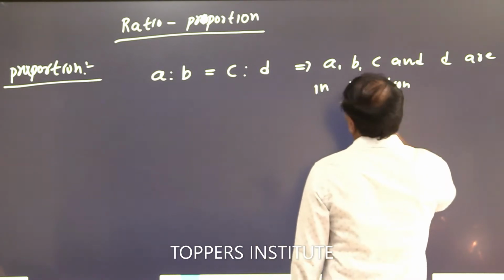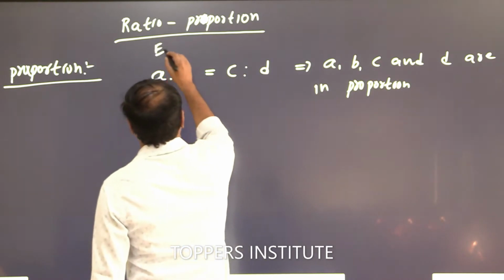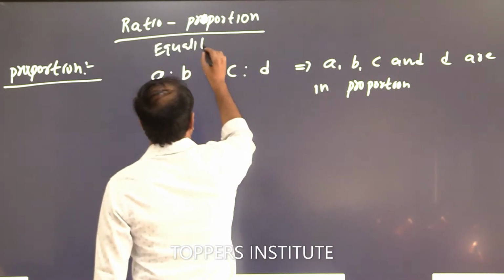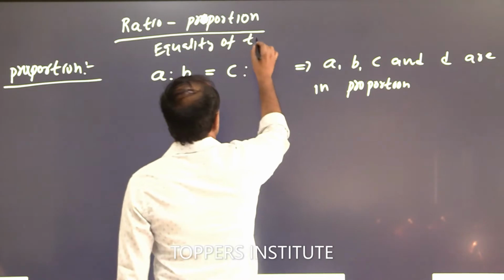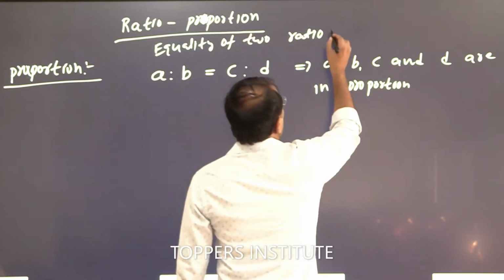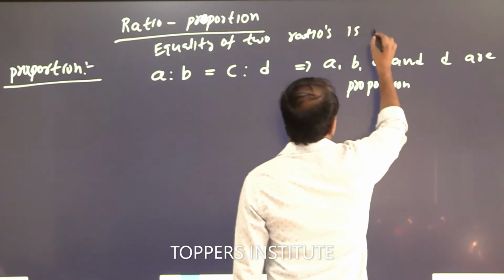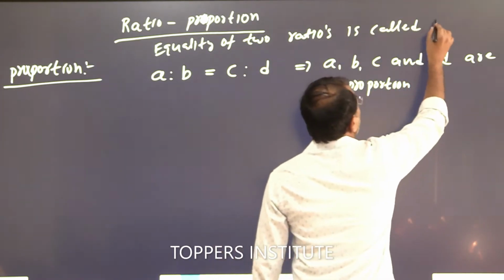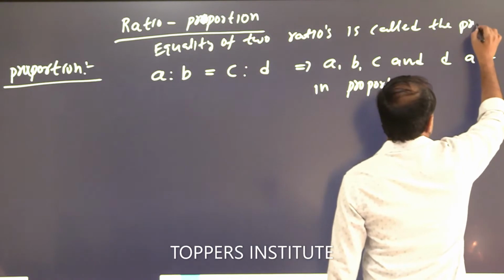Equality of two ratios is called proportion. This is the original definition.